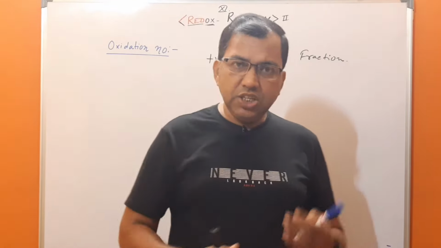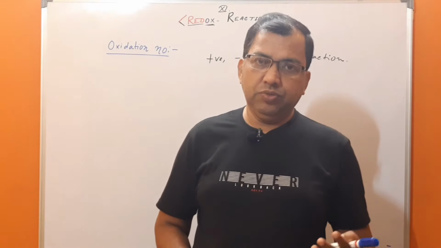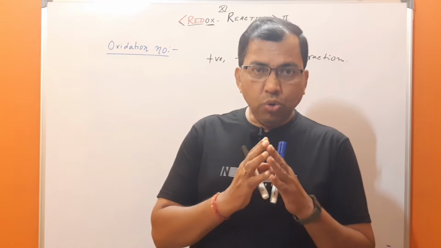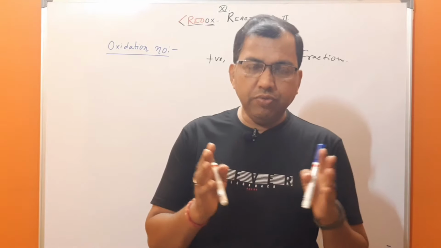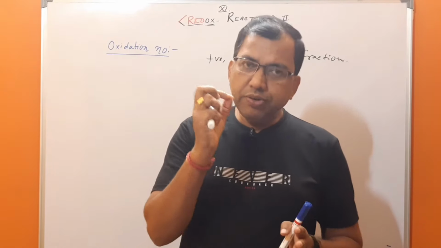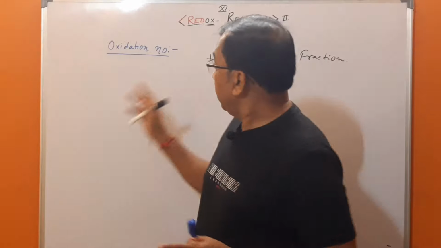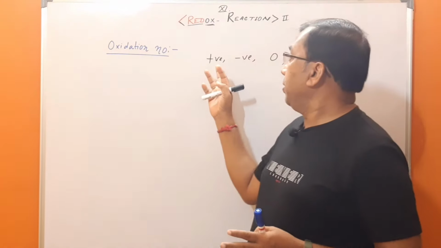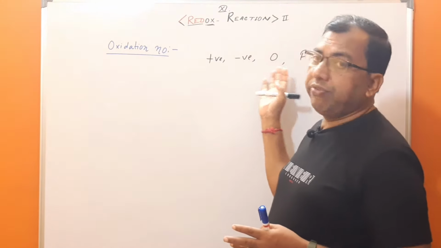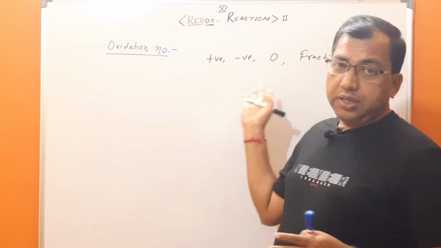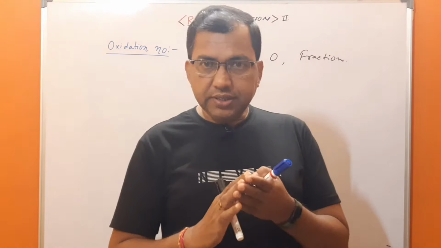Valency is purely a number and has no negative, positive, or fractional value, but oxidation number may be negative, positive, zero, or fraction. So this is the difference.